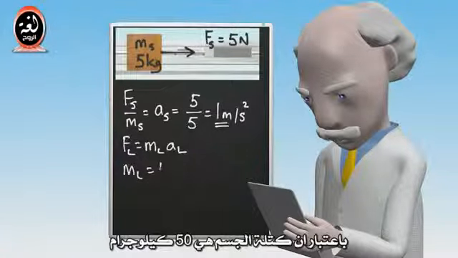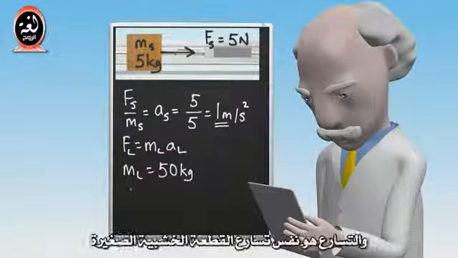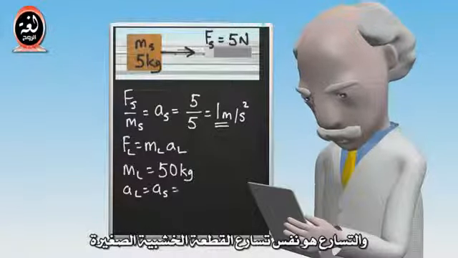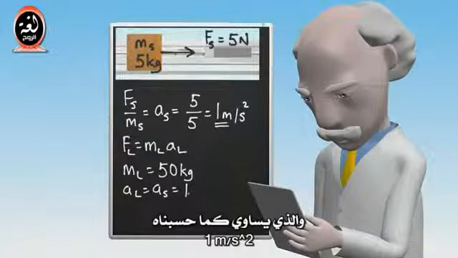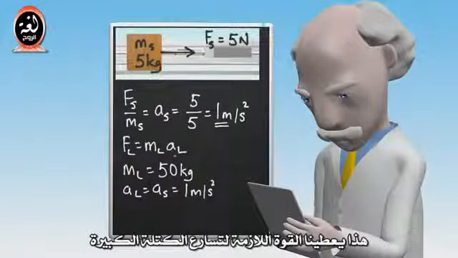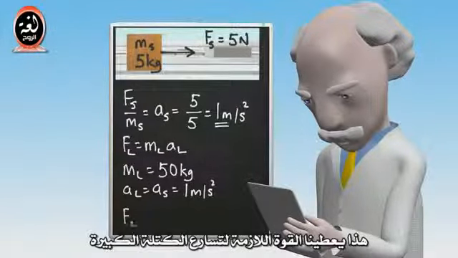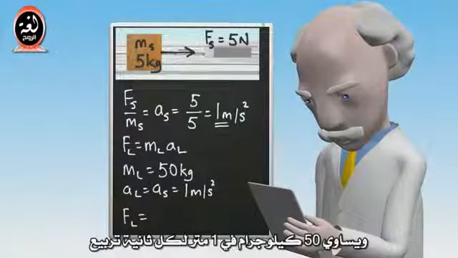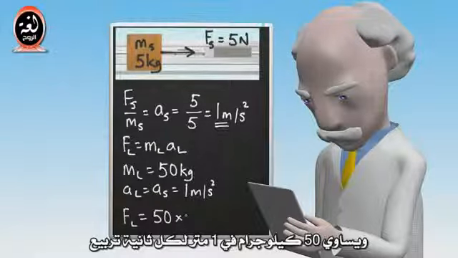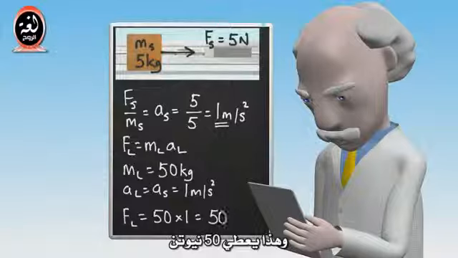So taking the mass of the large block as 50 kilograms and the acceleration the same as the acceleration of the small block, which we calculated as 1 meter per second squared, this gives the force we need to apply to the large block equal to 50 kilograms times 1 meter per second squared, which gives 50 newtons.